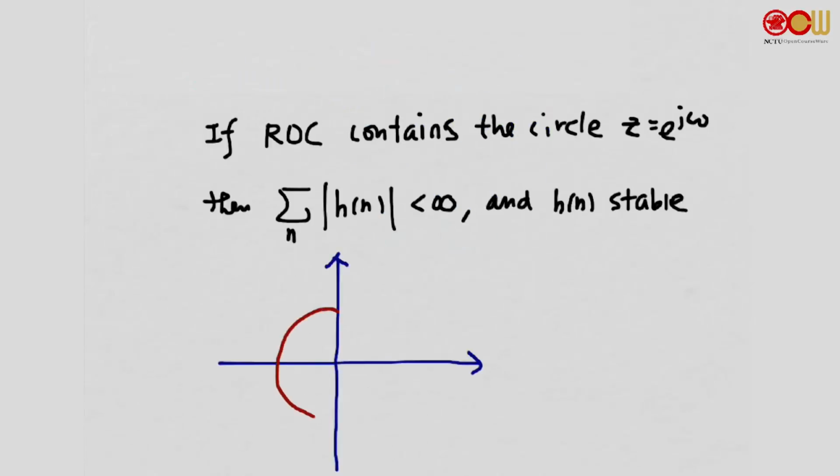The circle z equal to e^{j omega} is given the name unit circle because it has unit radius.